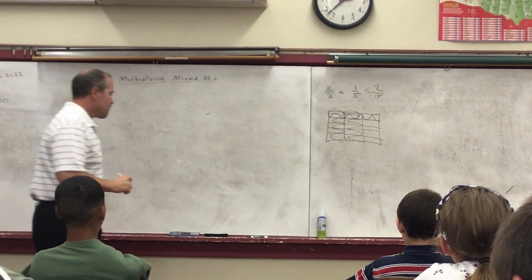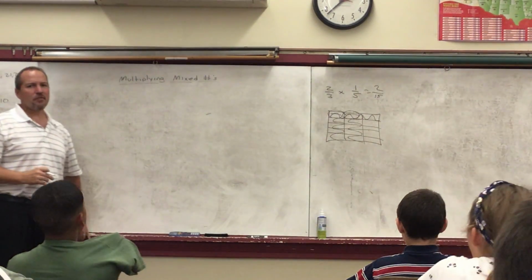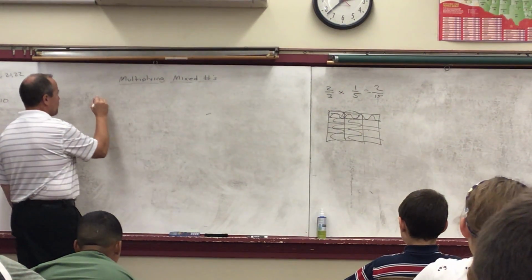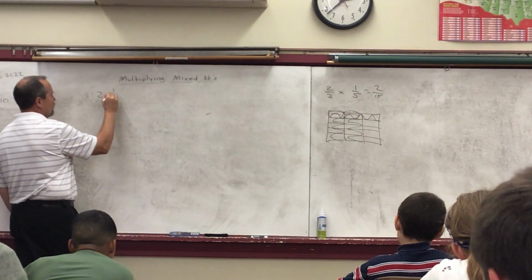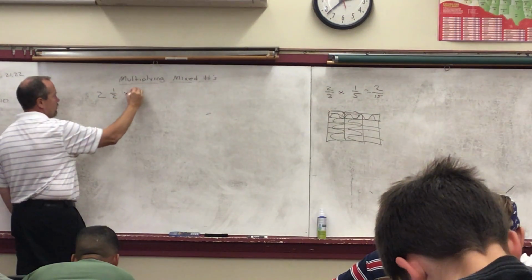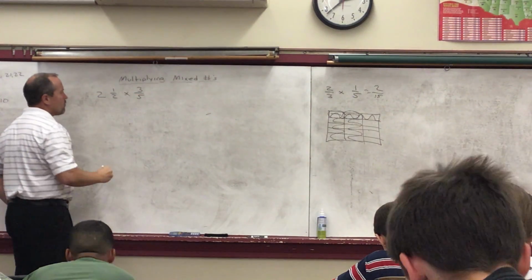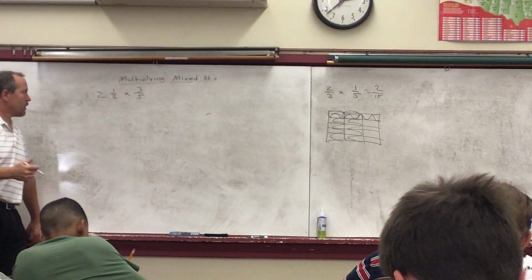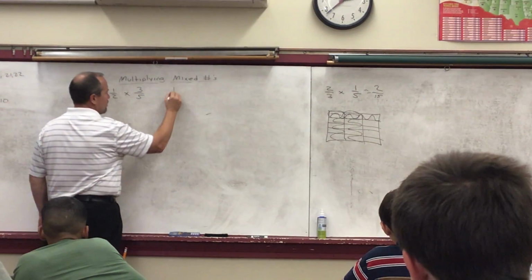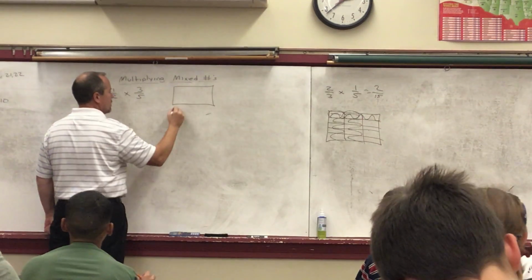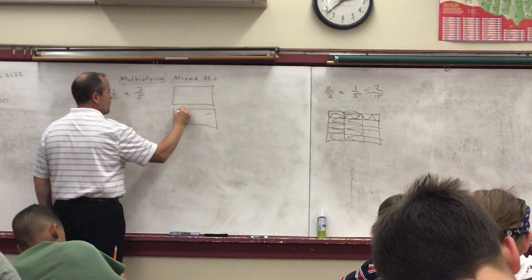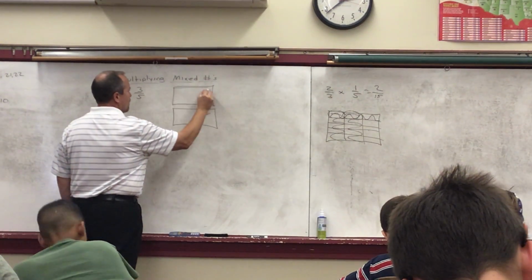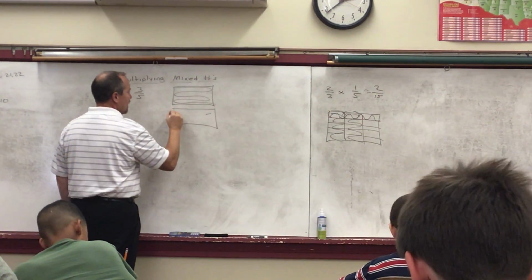We talked about that yesterday. Multiplying mixed numbers is very similar. Okay? And you can write this down. Let's say we have 2 1/2 times 3/5. Now what that would look like is we would have two whole ones that are completely colored in.